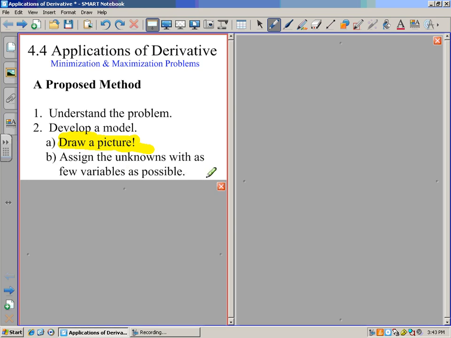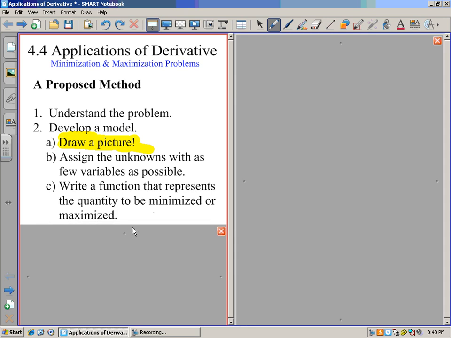For example, old school problems would say you have two consecutive integers. Instead of saying the two consecutive integers are x and y, you would call one x and the other x plus 1. Therefore, you're using as few variables as possible because you can relate the other unknown to the original without introducing a second variable.